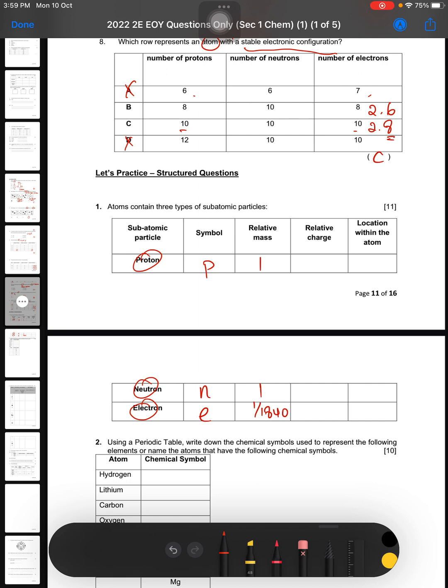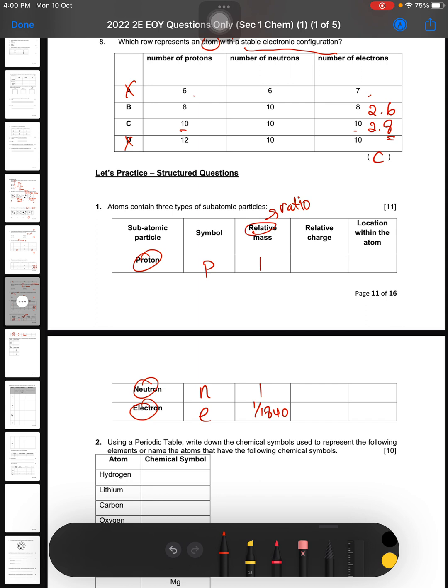So what this means is, relative mass means the ratio of their masses. If proton and neutron have relative masses of 1 to 1, you should understand that proton and neutron have the same mass. Electron is 1 over 1840. So what this number actually means is that I need 1840 electrons to make up the mass of either 1 proton or 1 neutron.